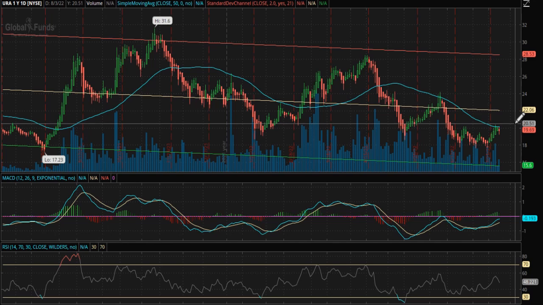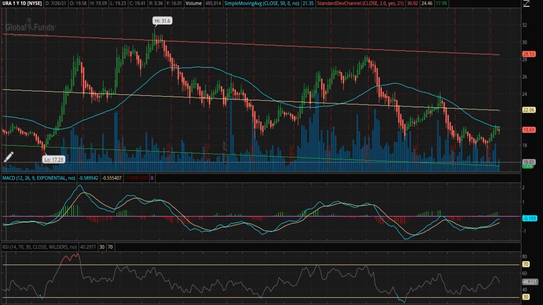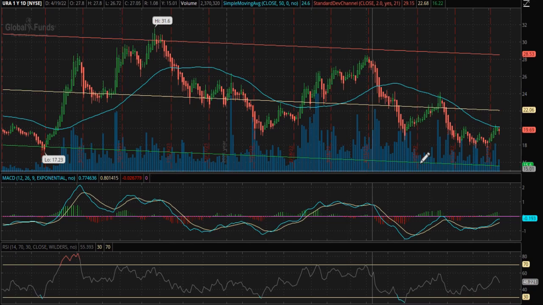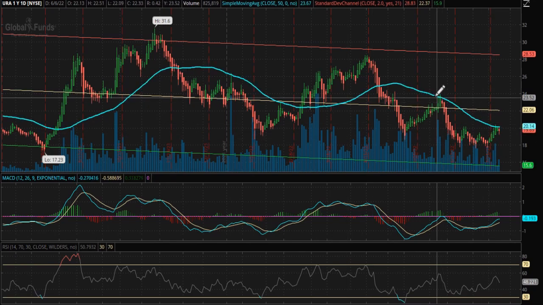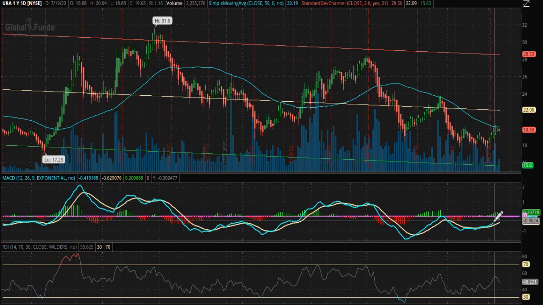I see a continuation maybe of a downtrend here. Probably a little slower, not as severe. I think there will be a time for this, but personally do not think the time is now with the testing of this 50 moving average. MACD looking weak here, RSI, all of that.